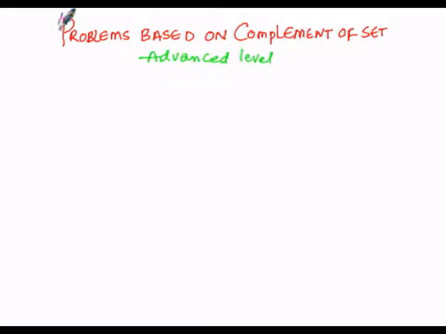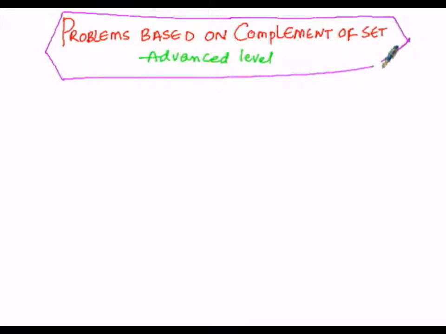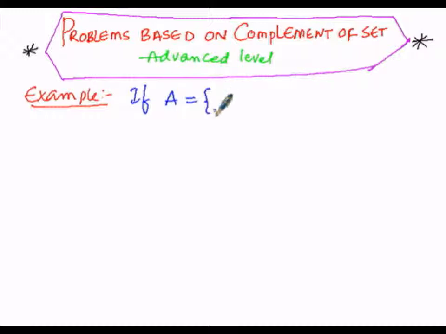So now, under this regard, the first example is: if set A has elements that are the odd numbers which are less than 13.